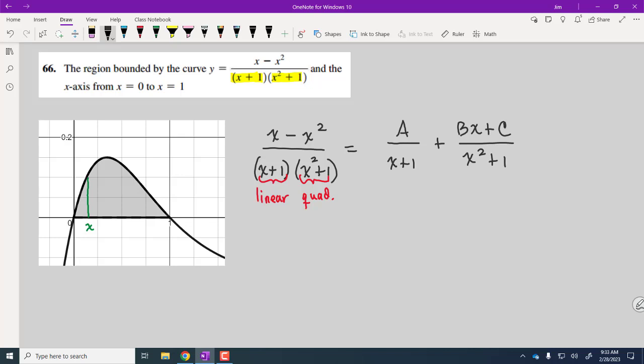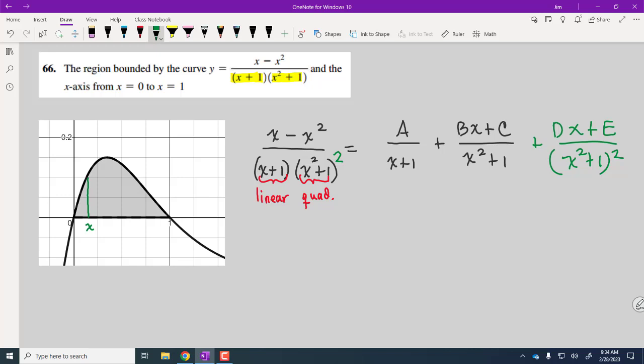Now just for the sake of it, if the irreducible quadratic happened to be squared, we would have to have another fraction, dx plus e over x squared plus 1 squared. If there was a square there, you have to have a fraction for every power of the factor in the denominator.